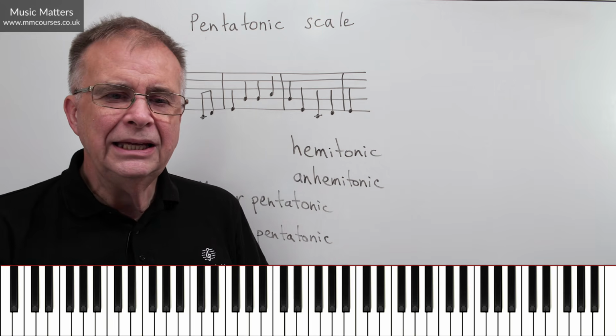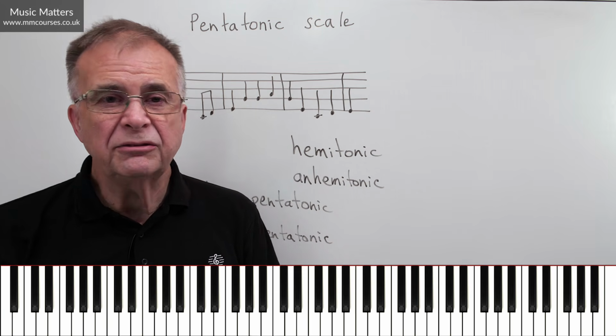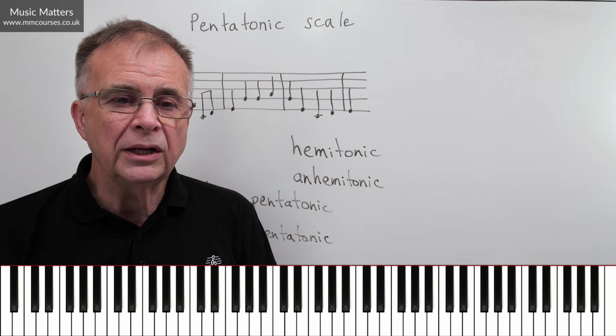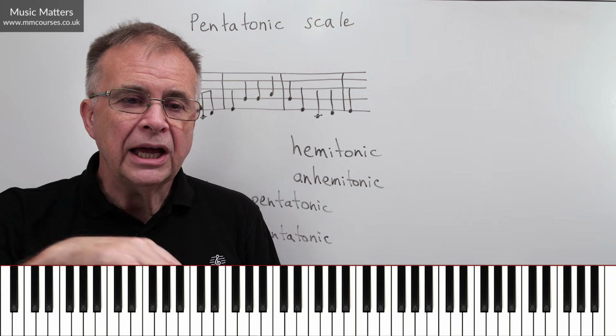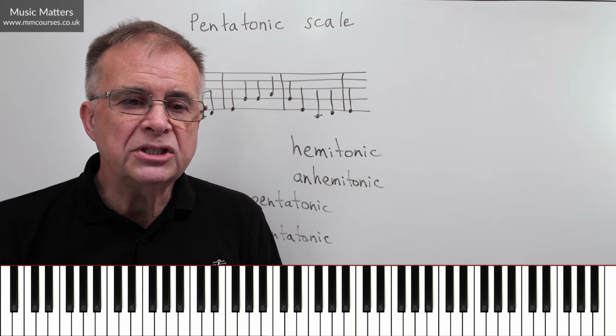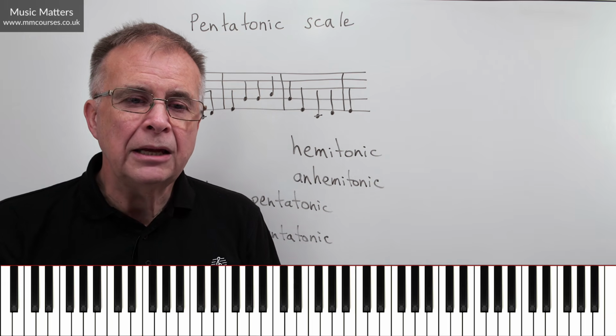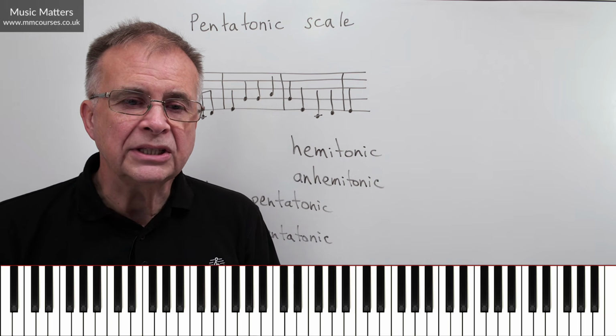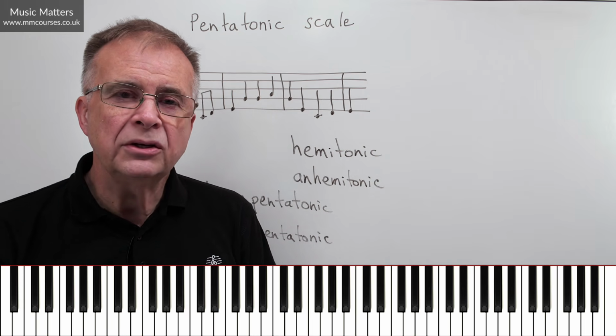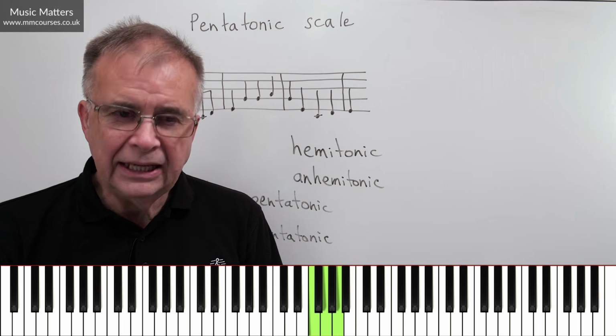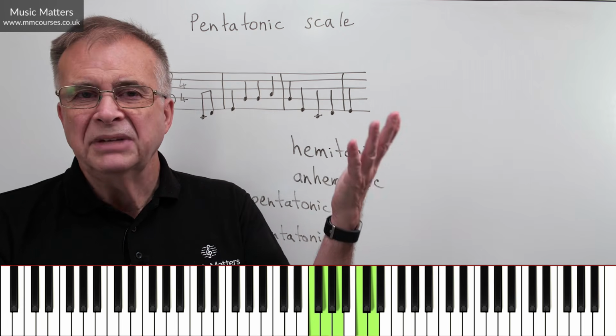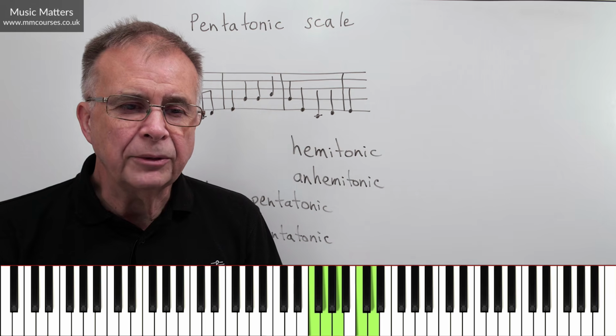So in a way, it just gives us an added advantage thinking of it that way as well, because you can also work out another transposition of an anhemitonic pentatonic scale starting on F, because you can have F, G, A, C, D. It's just another one that you can work out from there.